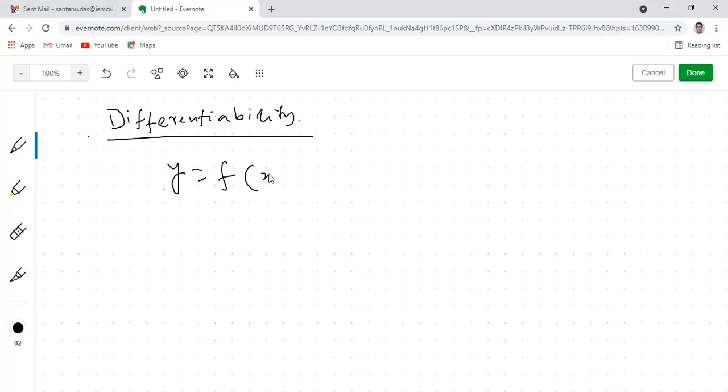If a function is given, y equals f(x), then what is the significance of differentiability or the derivative of a function of one real variable? I am discussing this for the function of one real variable, which you have studied in class 11. From the very basics, I'll be starting. So tell me, what is the significance of the differentiation of a function of one real variable y equals f(x)? Anyone amongst you?